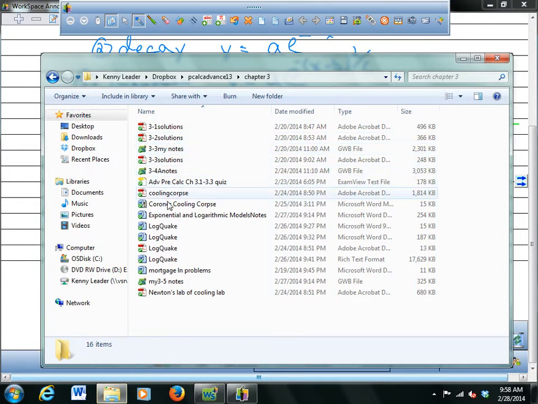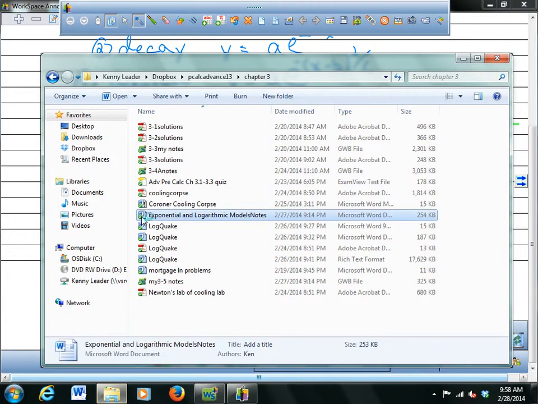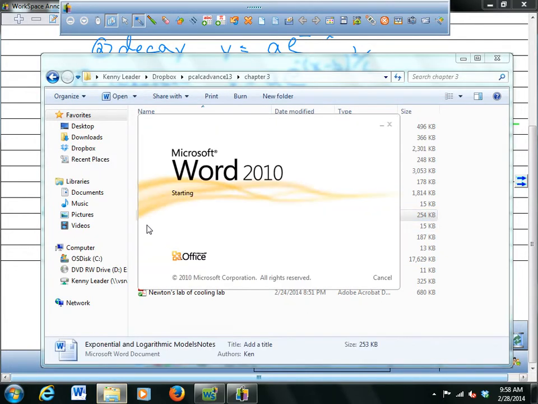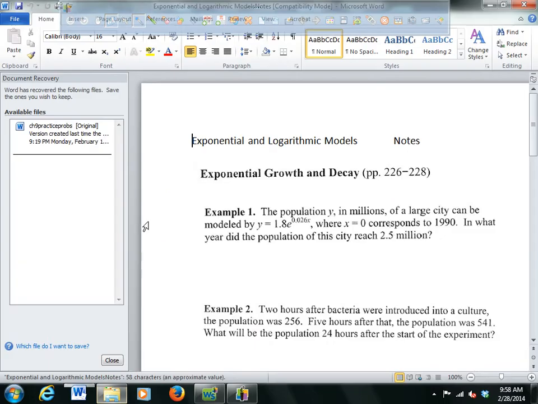Oh, here. Oh, it's a Word file? I guess it must be. All right. So I'm just going to write right on top of this.